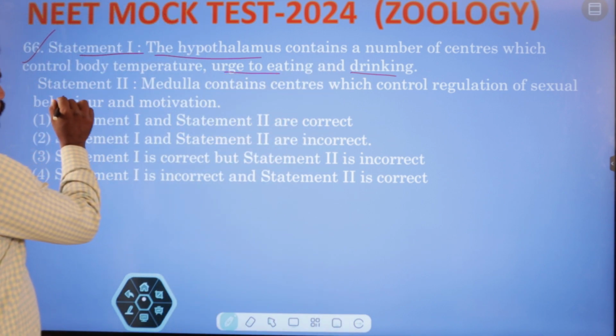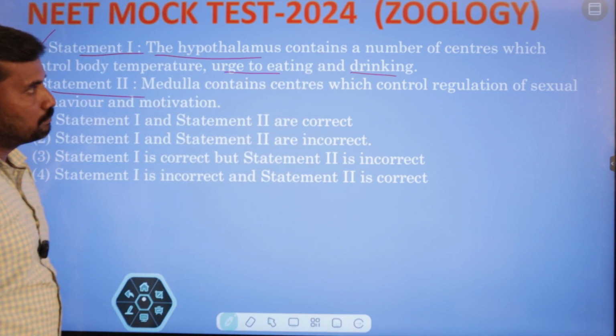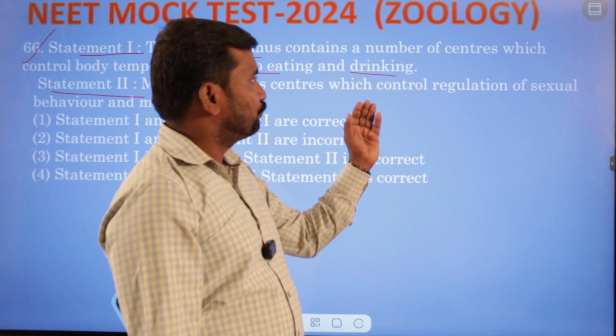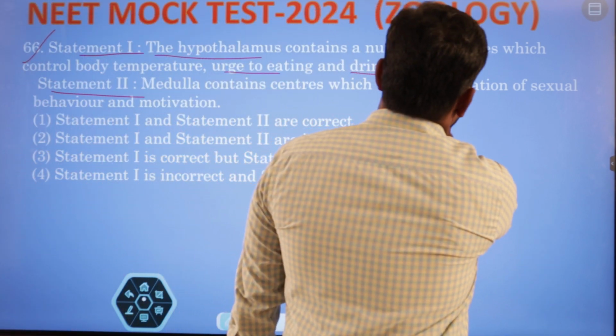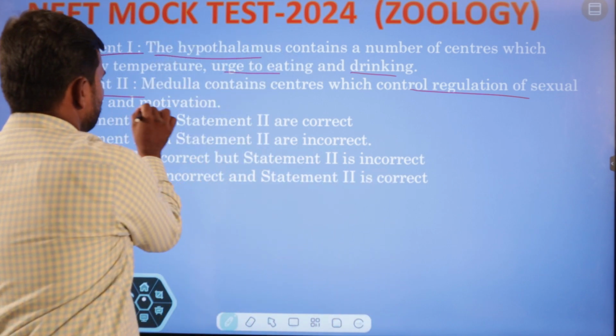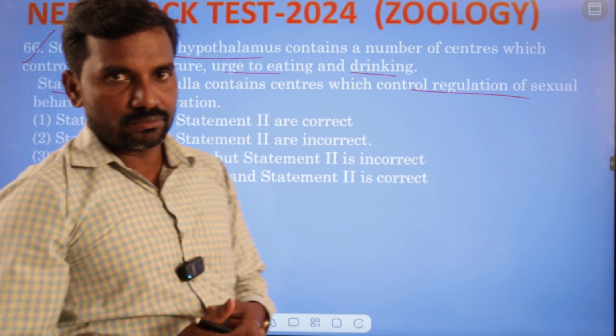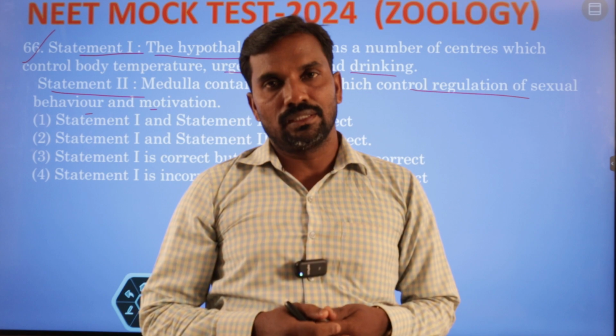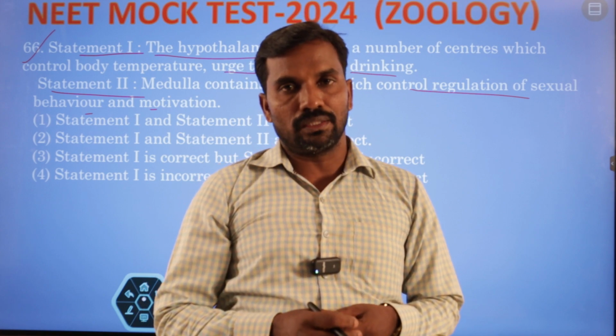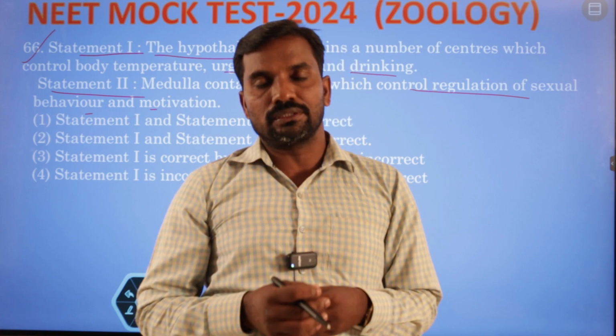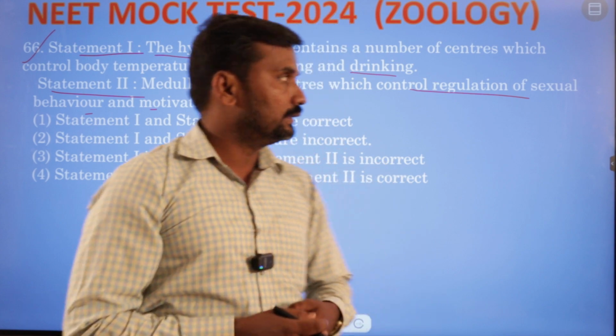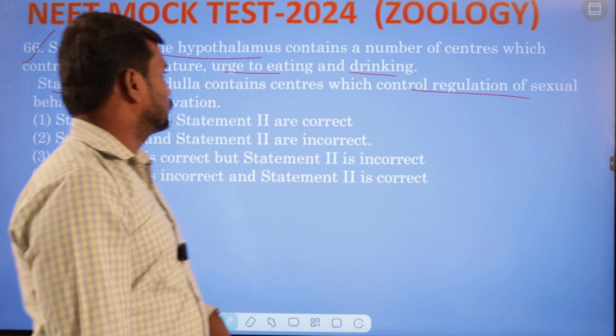But statement 2 says the medulla contains the center which controls the regulation of sexual behavior as well as motivation. Sexual behavior and motivation are part of the forebrain, specifically the amygdala and the limbic system in the forebrain region.